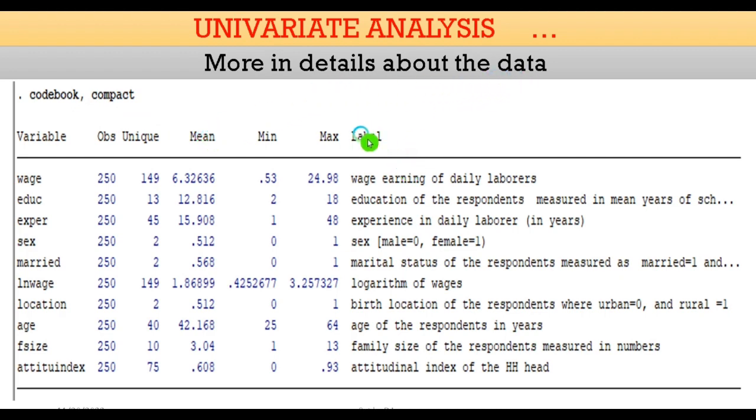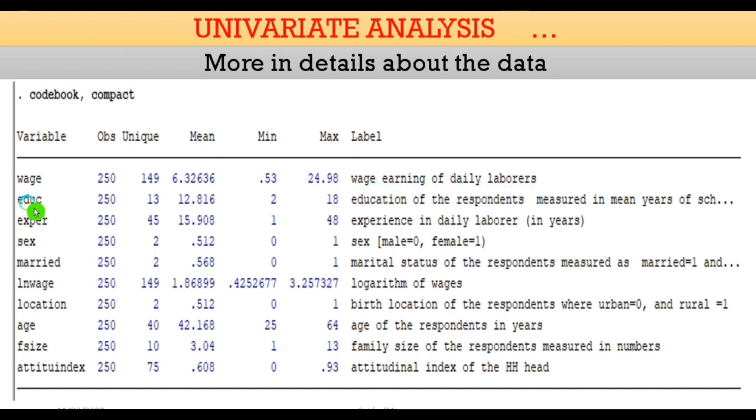What makes it different from summary statistics is that in the case of codebook compact, there is a label description. For example, an individual may not understand what wage is because it may be new for him or her. In that case, when you use codebook compact, where it is integrated in the data, wage is the earning of daily laborers.